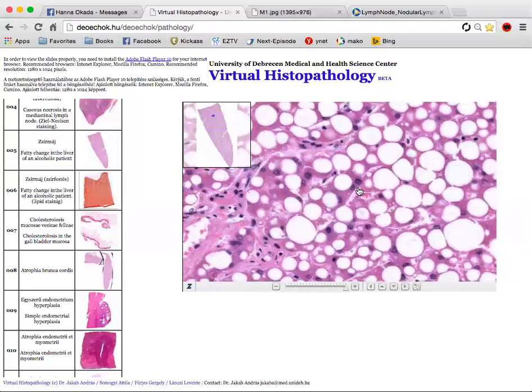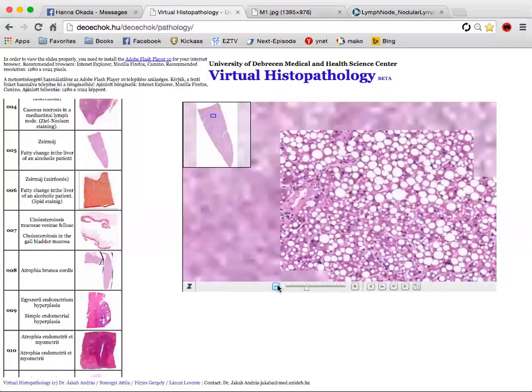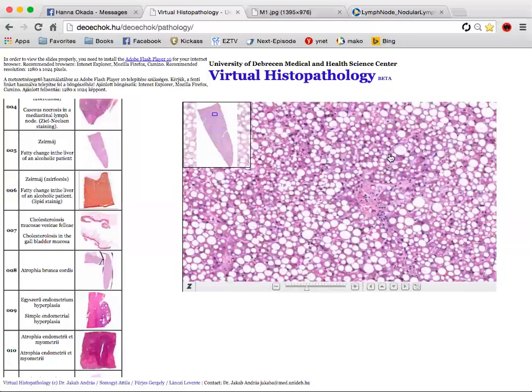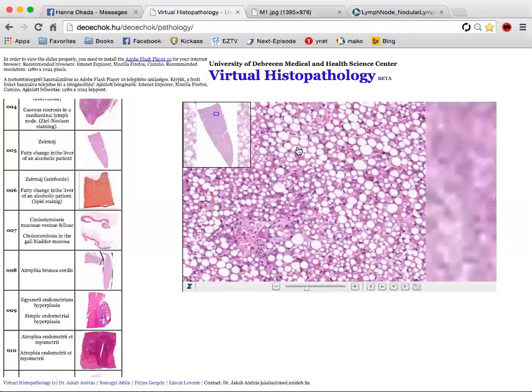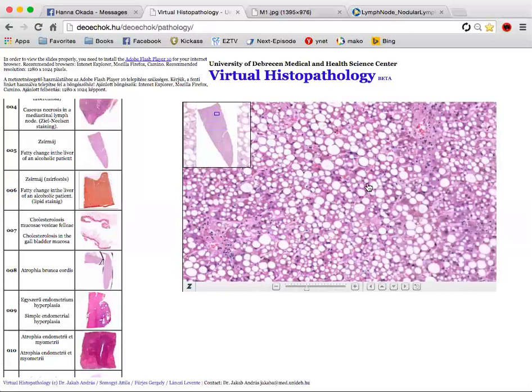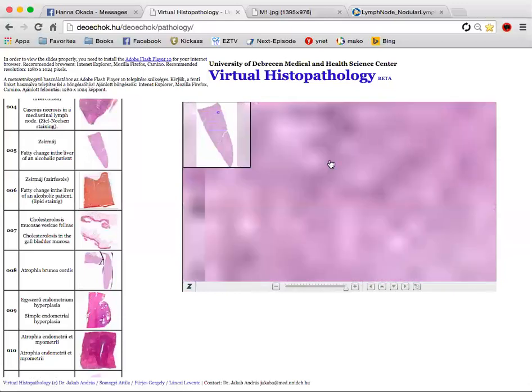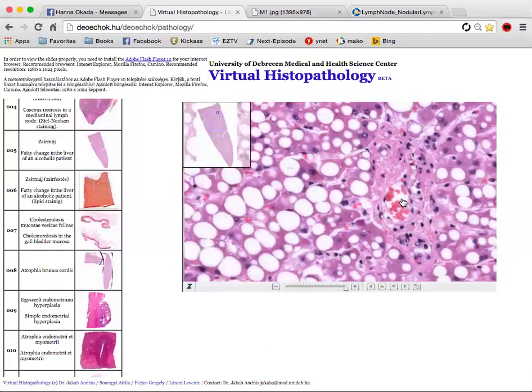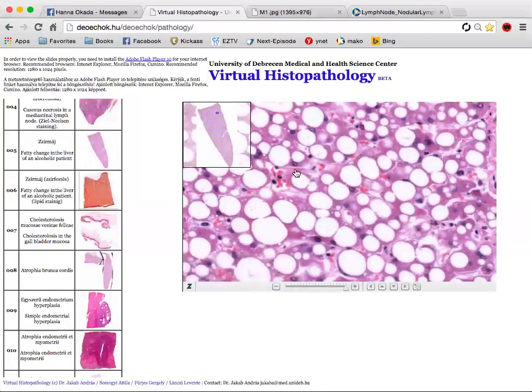So if they do show you a central vein, it's probably going to have blood in it, just to make it easier, because it would be really hard for you as a student to identify. So you see here in this portal triad, you can actually see the blood inside. Okay, and you can see some blood in the sinusoids.